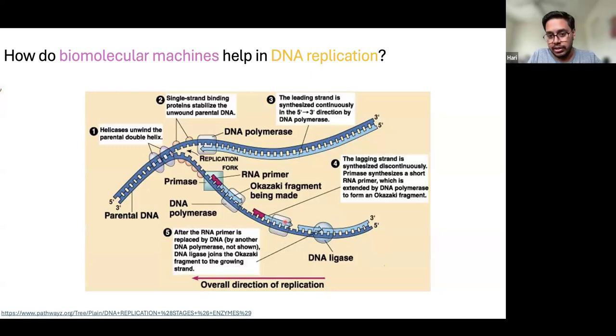And since it is discontinuous, we have the shorter fragments made again and again. We don't see those fragments in the leading strand because it has only one starting point, and it can go on synthesizing the leading strand as and when the DNA is being opened.